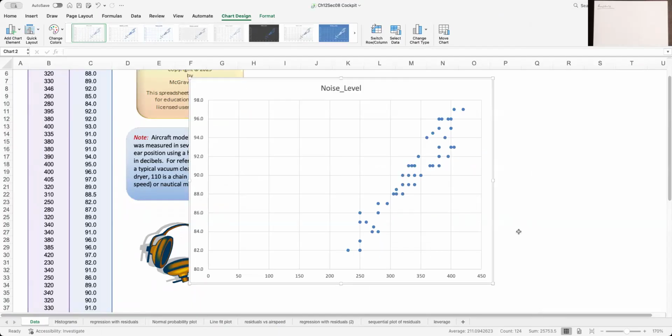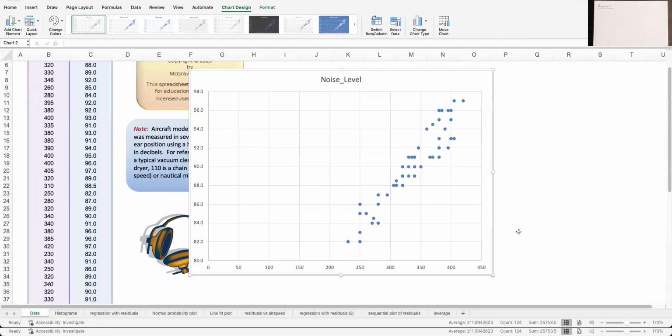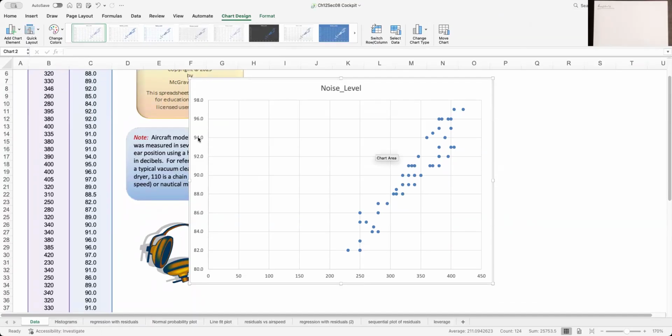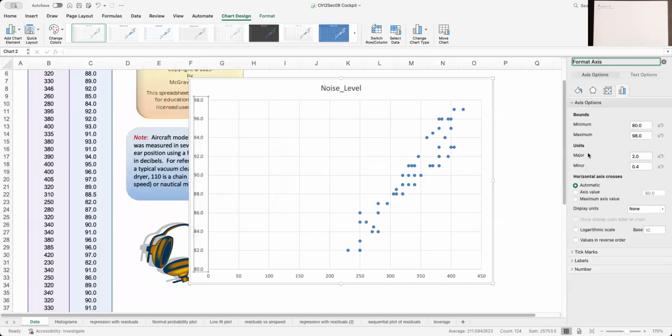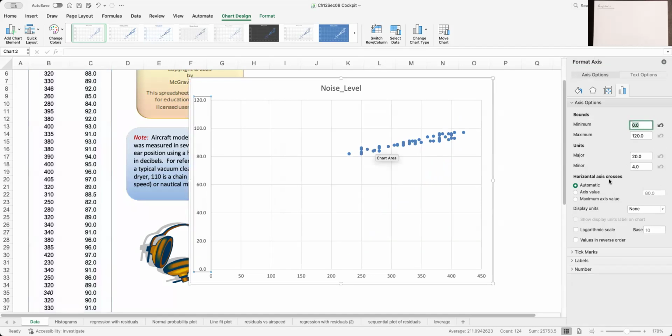Now, again, I look at this and I'm disturbed because they started my y-axis at 80. That bothers me. So I'm going to change that. I go over here to the y-axis. I say format the axis, and I'm going to tell it to start at 0. There. It's a lot more clustered together that way, isn't it?